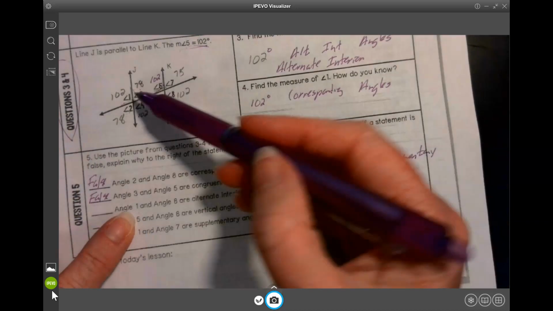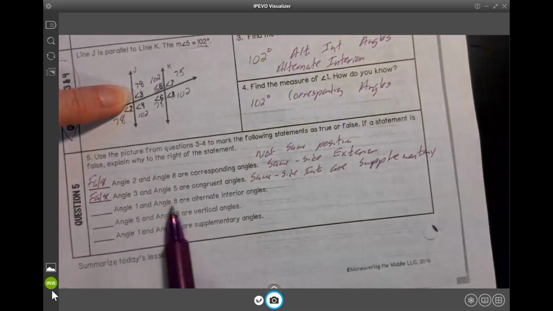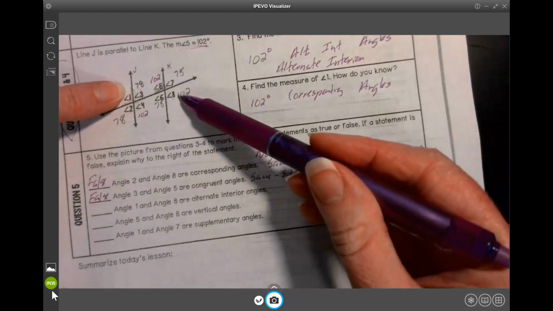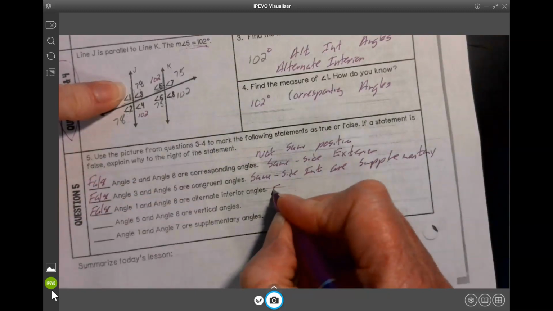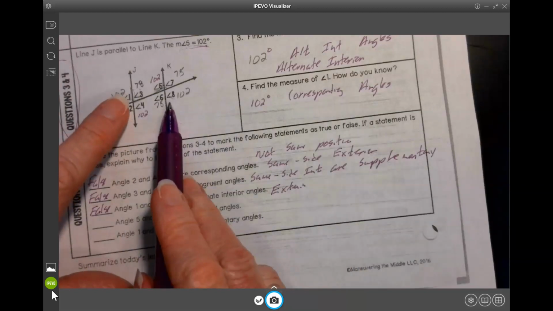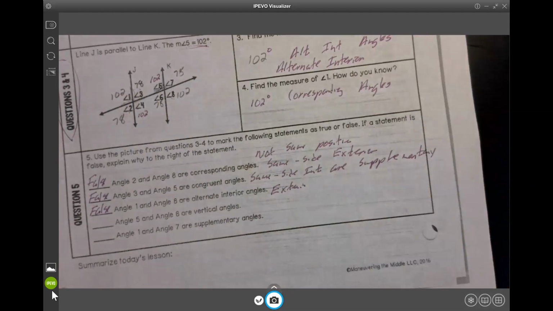Angle 1 and angle 6, no, angle 1 and angle 8 are alternate interior. Well, duh, they're on the exterior, so that one's false. These are exterior angles. They happen to be alternate exterior, so those would be congruent.